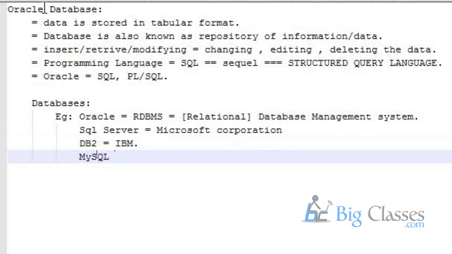This MySQL is also from the Oracle environment, that is, Oracle Corporation. And a thing to be highlighted: MySQL is an open source product. It means it can be freely downloaded on the internet and readily used. You don't need to pay for a license to use MySQL.